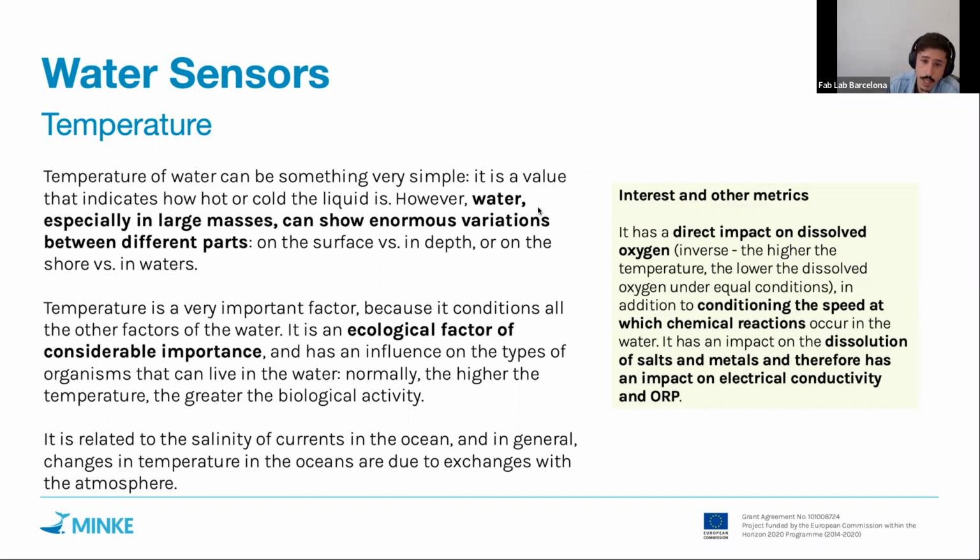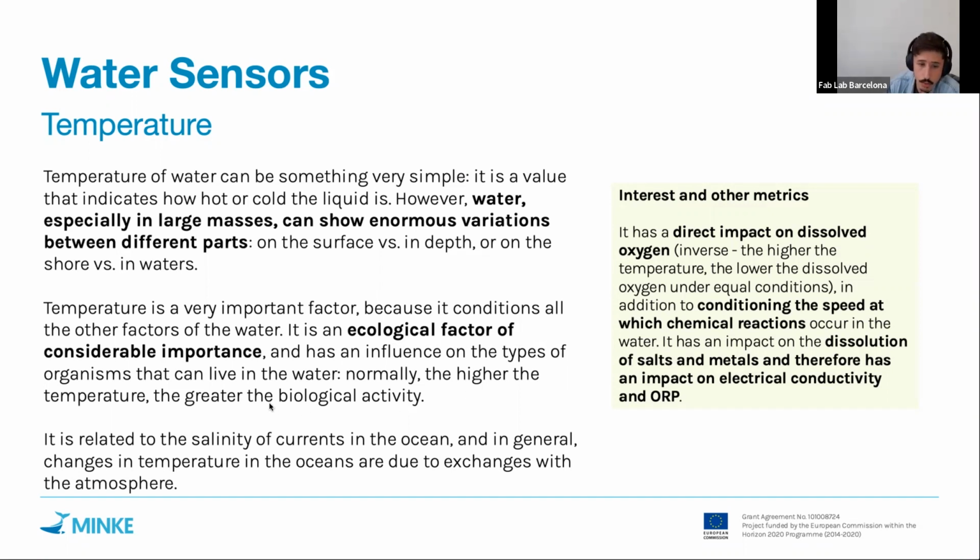And finally, it also affects density, indirectly by salinity and on other factors. So in large masses, it can show enormous variations and then provoke currents within the ocean itself. It is very important ecologically.